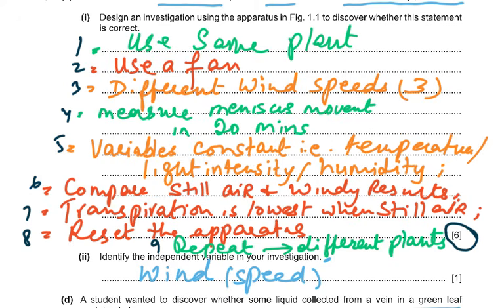Then you measure the meniscus movement, then you reset the apparatus and you take 5 readings, you repeat the experiment so that the results become reliable. But because that part had come earlier in the question, we cannot write it again in this part. But usually this repeat story comes in nearly every designing and planning experiment. So please be aware of this, and I'm sure if you do a number of papers on this, you will understand how to do these questions.